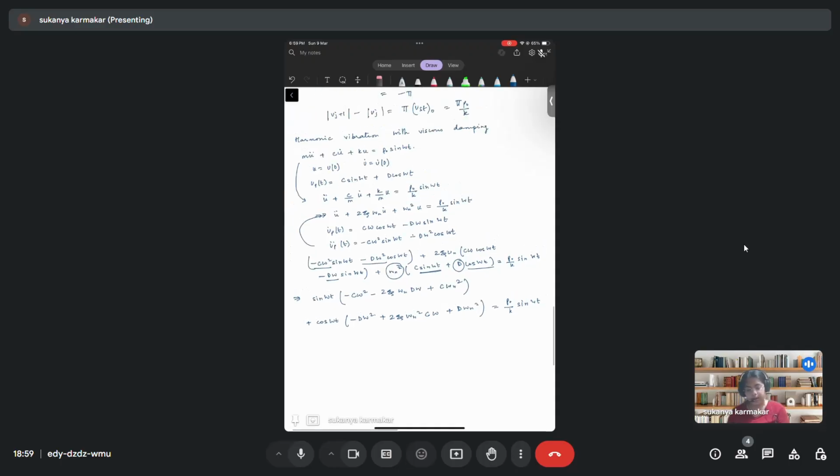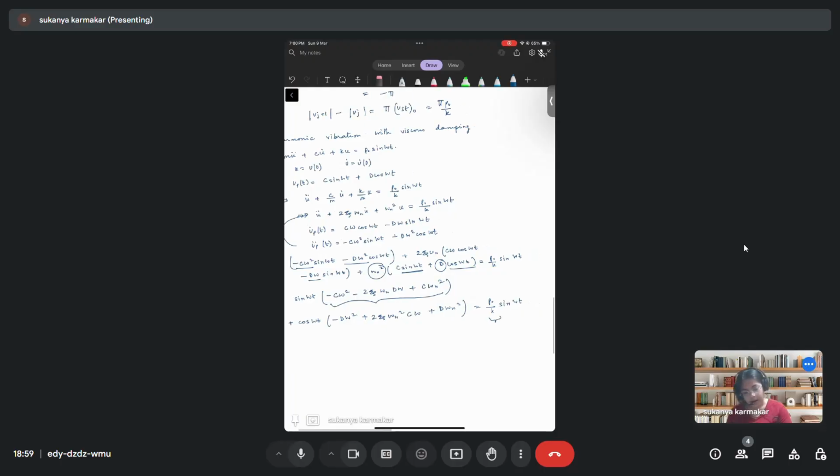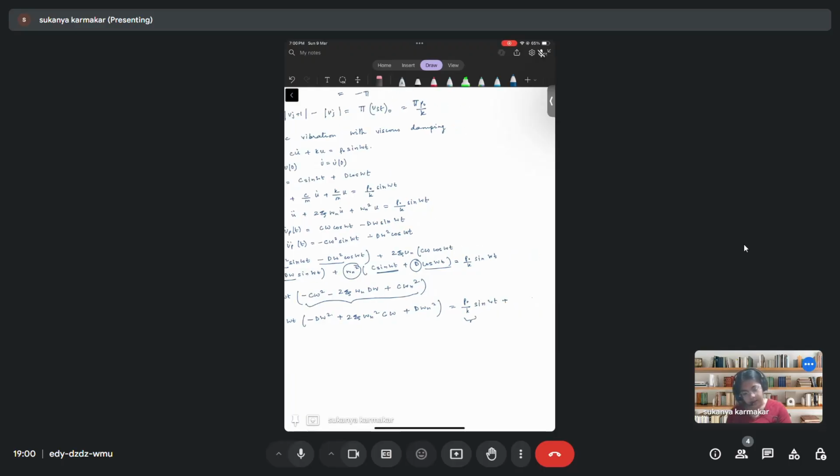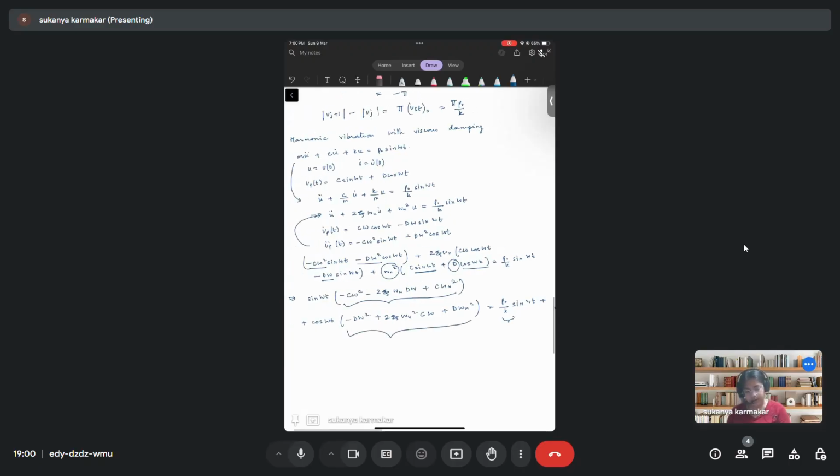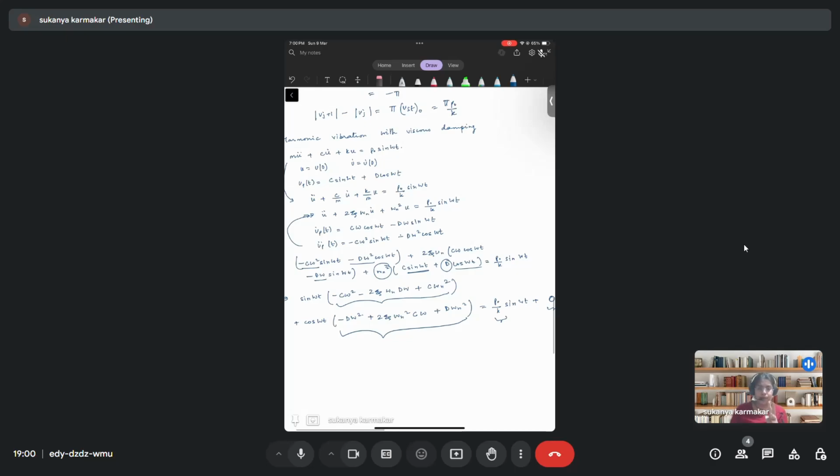Now on the left hand side the coefficient of sin omega t is this, and on the right hand side the coefficient is this. On the right hand side cos omega t has a coefficient 0, and on the left hand side you have a coefficient this. So you have two unknowns c and d, and you have two equations. So using these two equations you can calculate c and d.